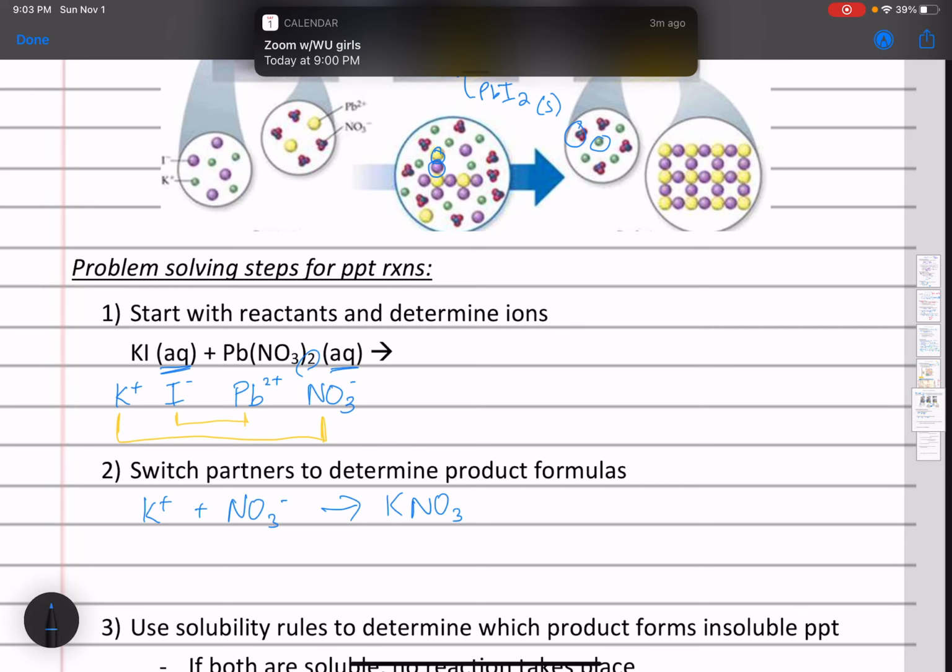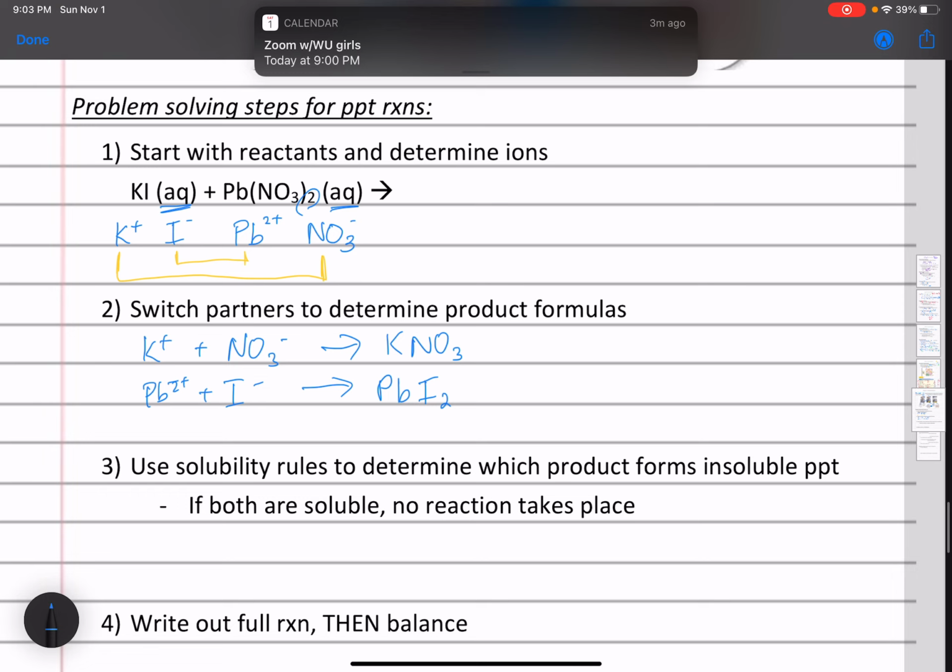And if the lead and iodide get together, we always want the cation first, then we end up with lead iodide, PbI2. So now we figured out what the products are. Those are the product formulas.